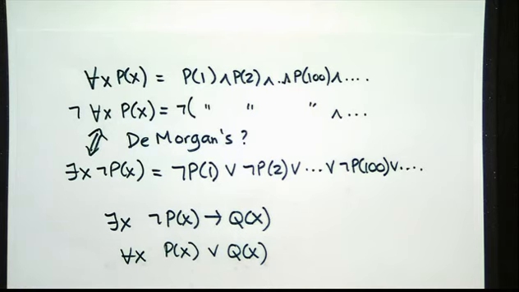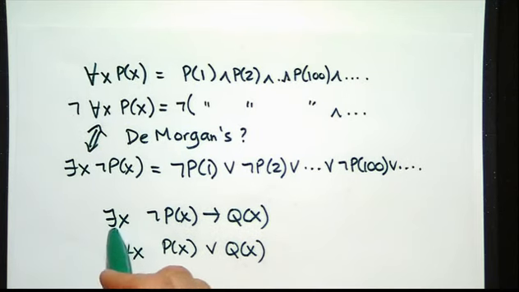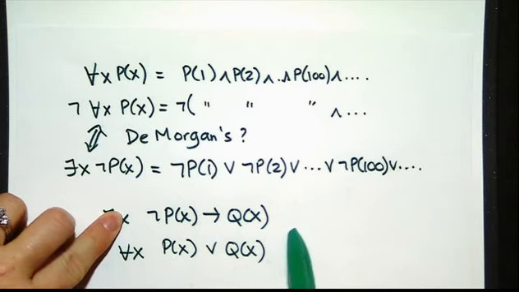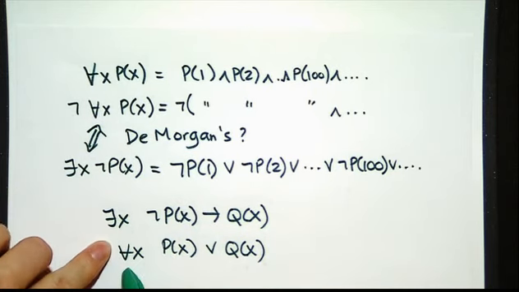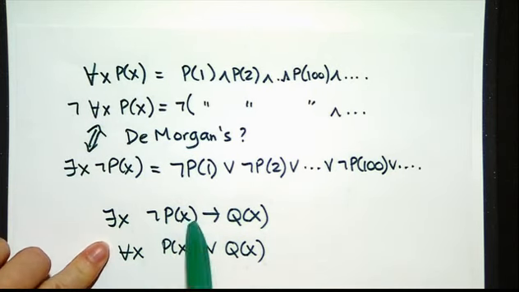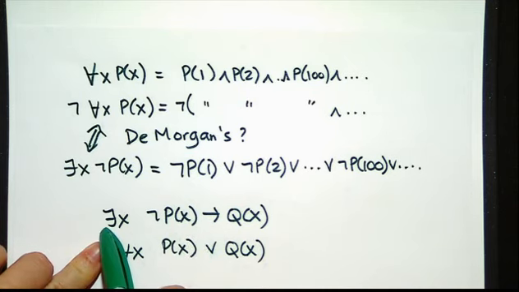Is there anything wrong with that? The quantifier got switched, but there was no not in front of the quantifier, right? The not only applied to things to the right. So I can't switch the quantifier. The not only applies to the P, it doesn't apply to the quantifier.